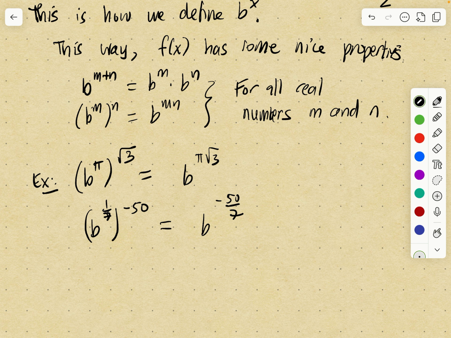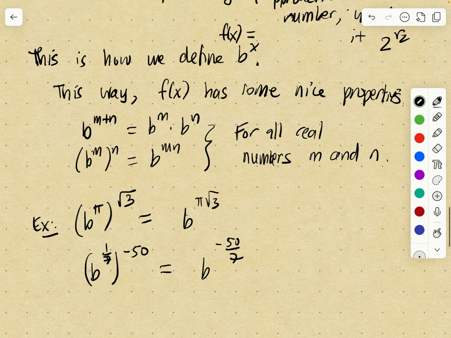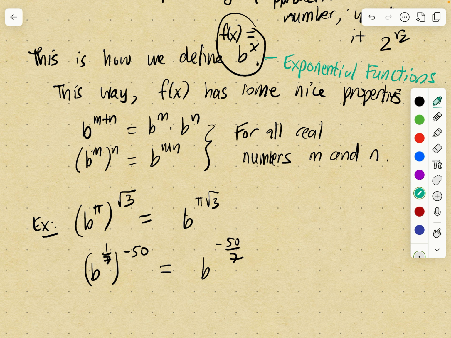So those are some properties of these functions which we call exponential functions. And we'll talk more about properties of these functions and how they're used in a later video.